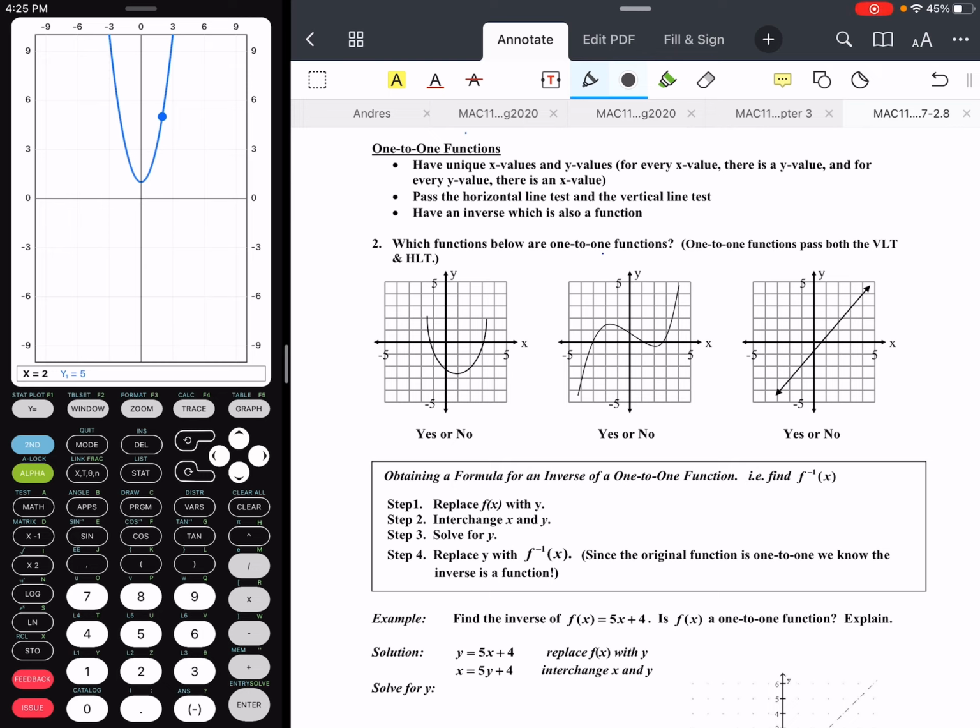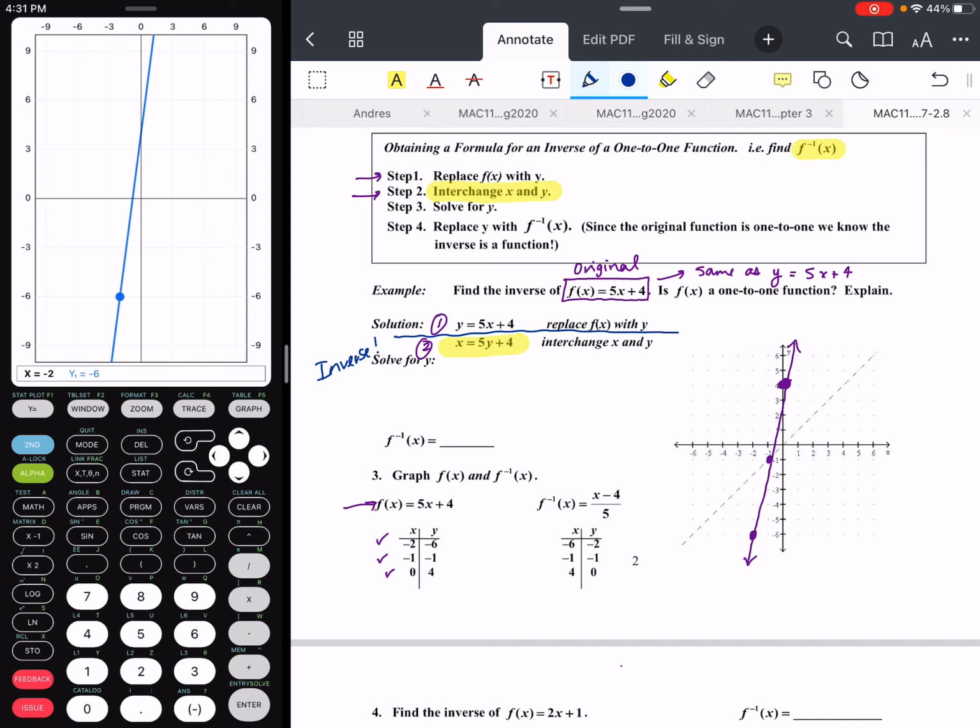As soon as I complete step 2, that means I'm writing an equation for the inverse relation. Now I just want to solve this for y. That's step 3. I can subtract 4 from both sides, which gives me 5y equals x minus 4.